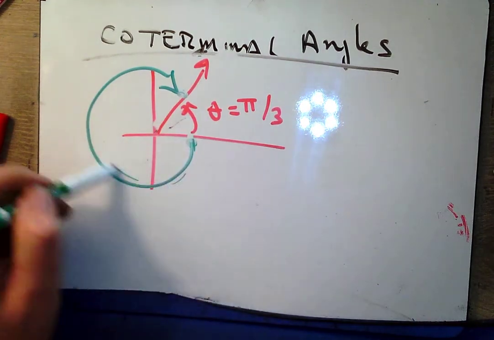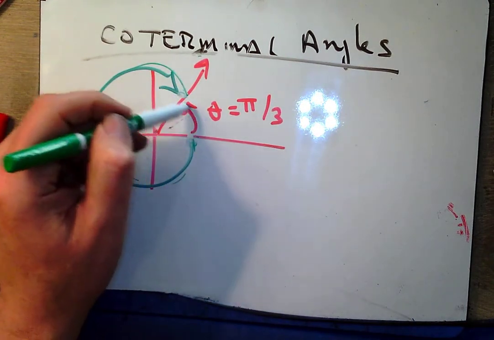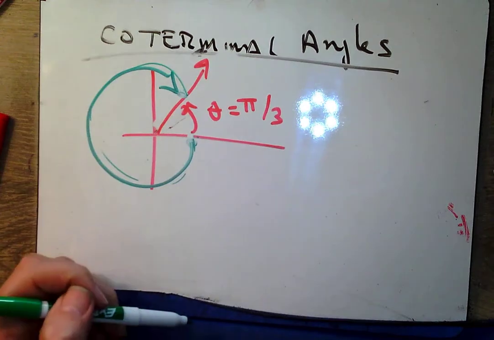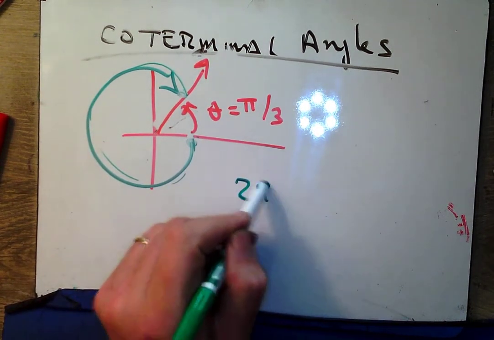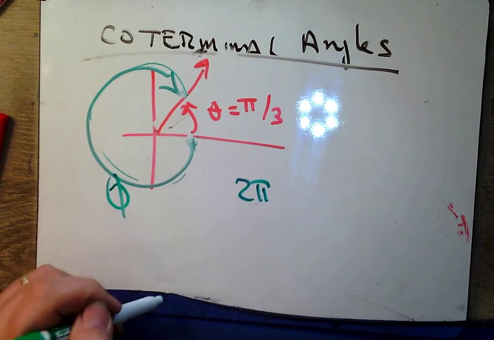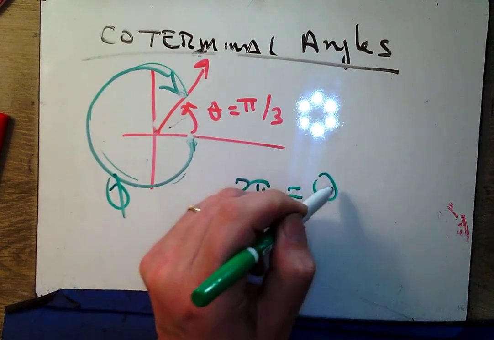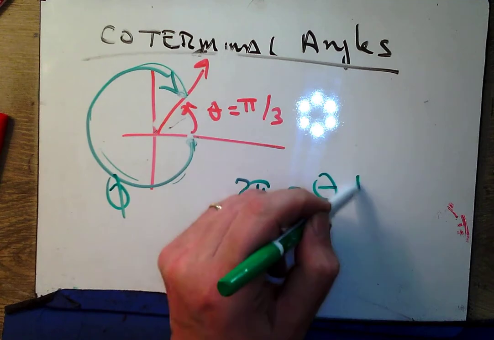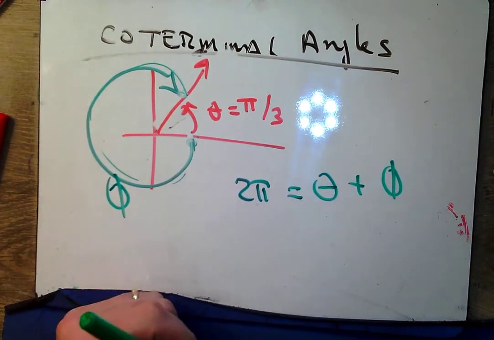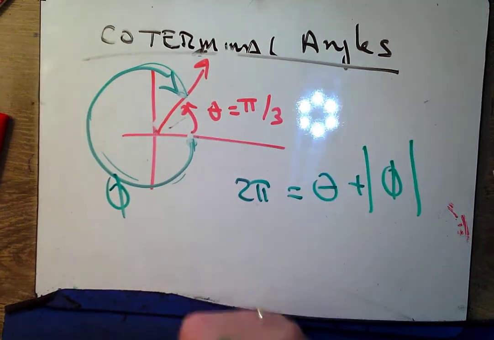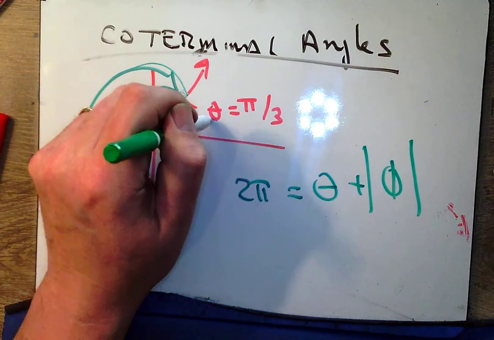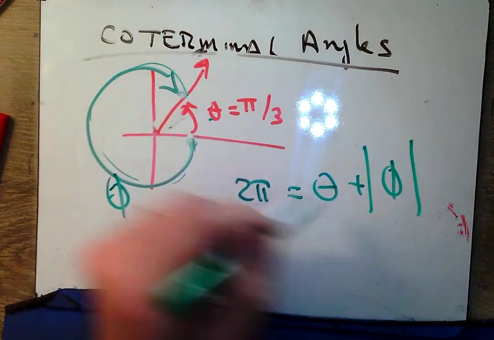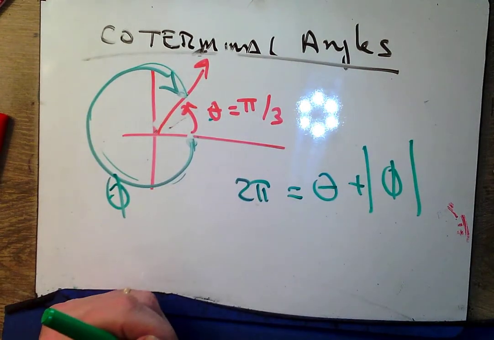Well, I know that this amount of rotation and this amount of rotation is once around the circle, 2 pi. Call that phi. So 2 pi equals theta plus phi. Well, almost, not quite. I really need the absolute value of this. The absolute value of this angle plus this angle will be once around, or 2 pi. Okay.